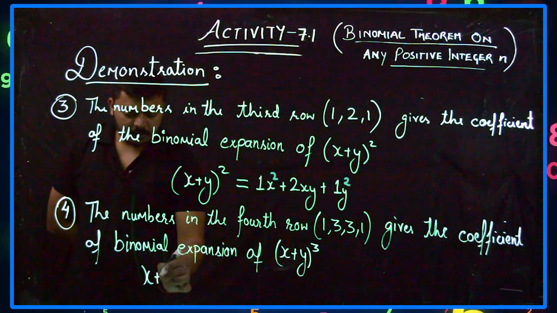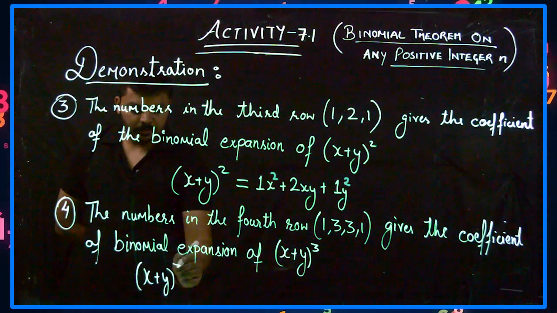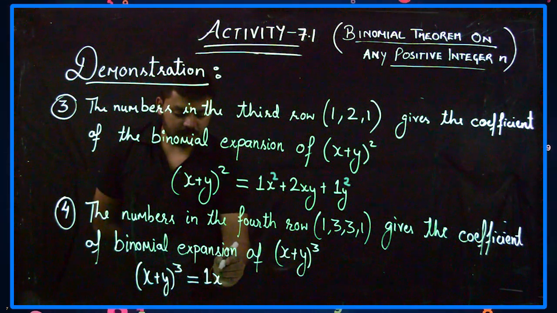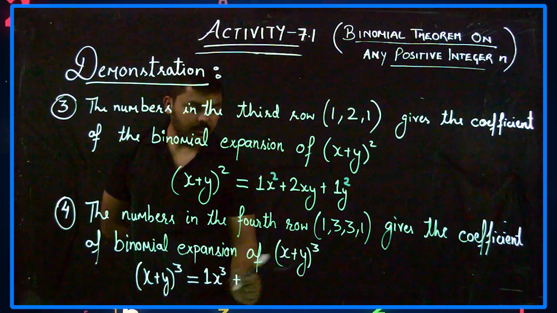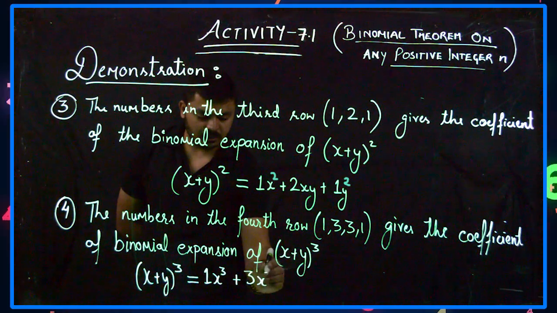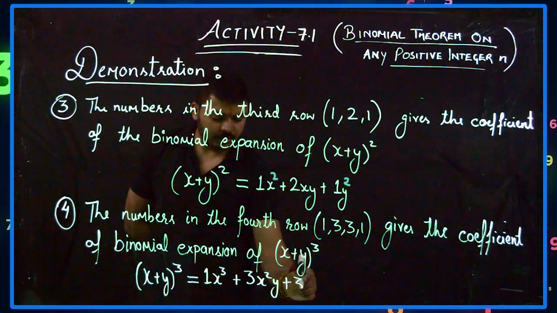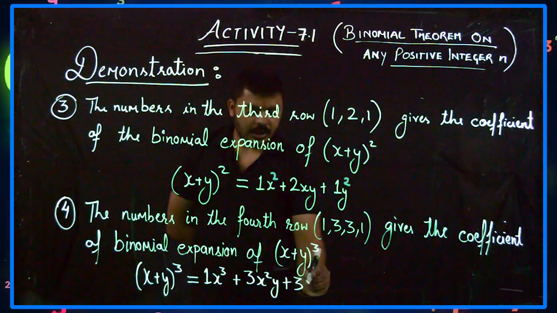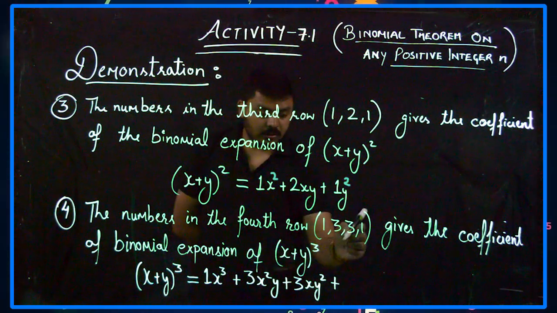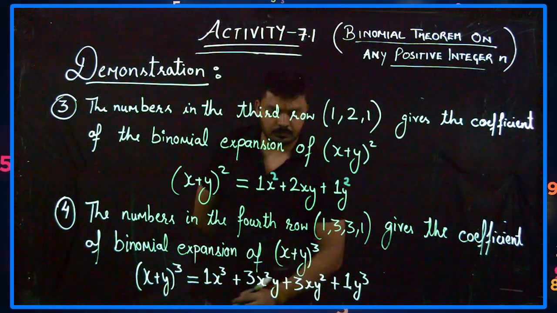So x plus y to the power 3 is equal to 1x cube plus the second digit in fourth row is 3, 3x square y plus the third digit is 3, so the coefficient becomes 3xy square plus, now last digit is 1, so coefficient 1 y cube.